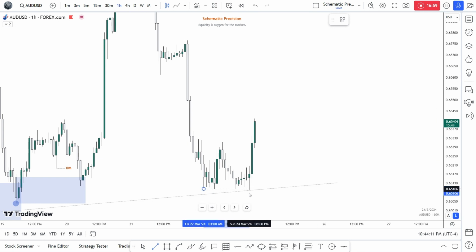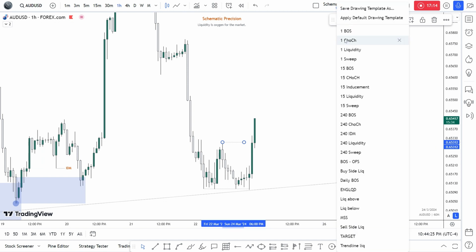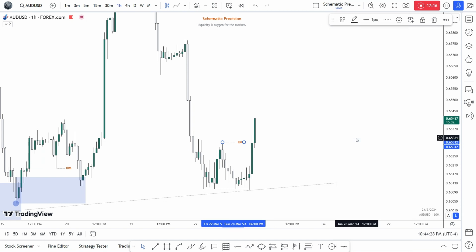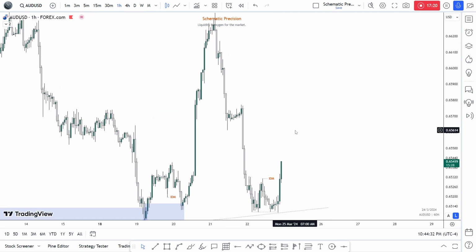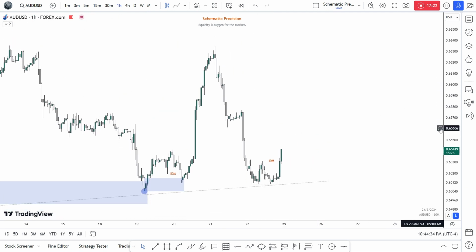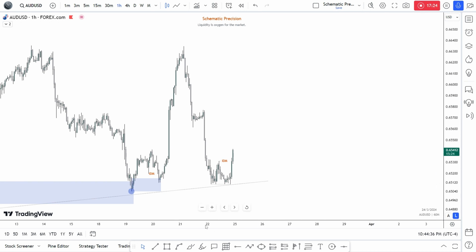This is the low, and we have taken the sell side liquidity here by just some inches. Okay, so why have I done this? Because this becomes our liquidity here, which the market has already taken, right? And where do we have our POIs?